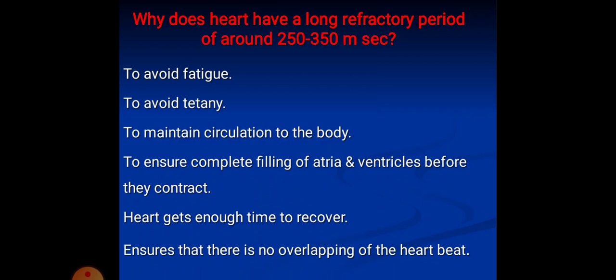It ensures that there is no overlapping of the heartbeat. Heart should not beat repeatedly twice, or should not beat abnormally, or there should not be any abnormal rhythms. To avoid that, the refractory period ensures that the heart gets enough time to recover and also ensures that there is no overlapping of the beat.